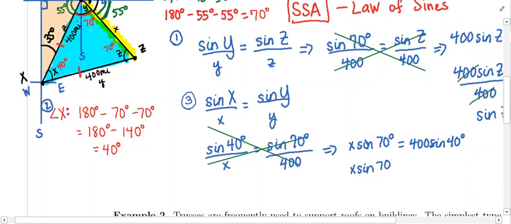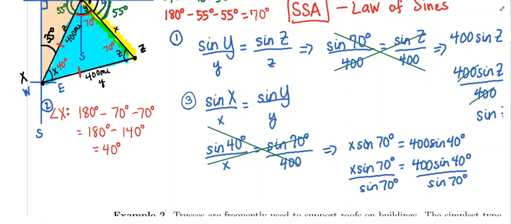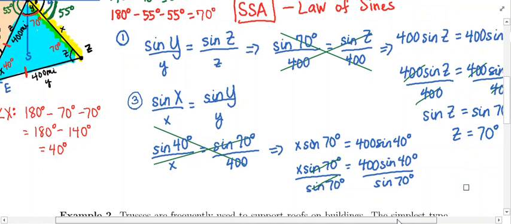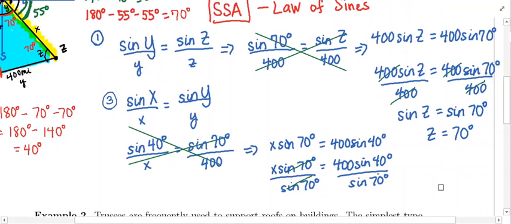Okay, so let me write this again for your notes. I'm going to divide both sides by the sine of 70. So we're going to get some cancellation on this side. This will cancel with this. So to compute X, all we need to do is put this into a calculator.